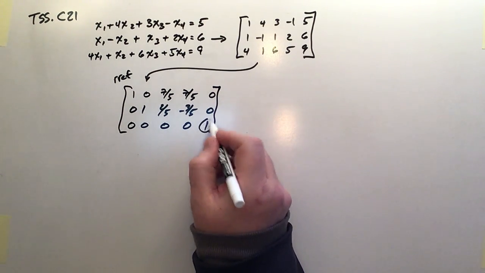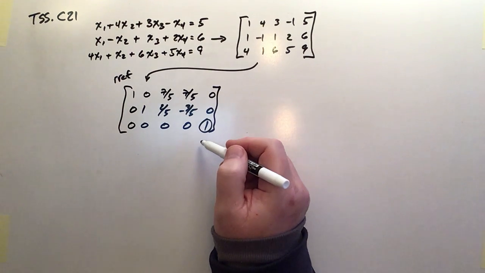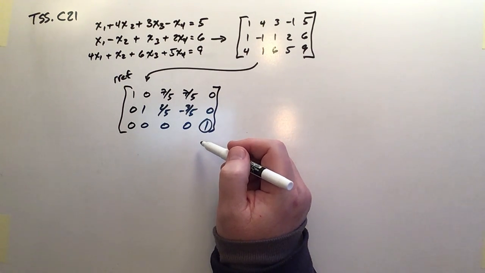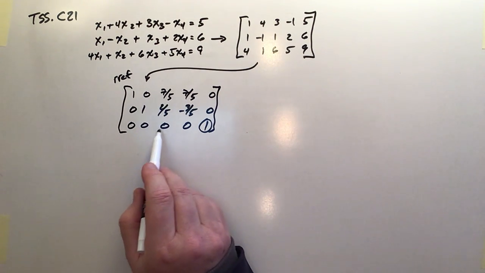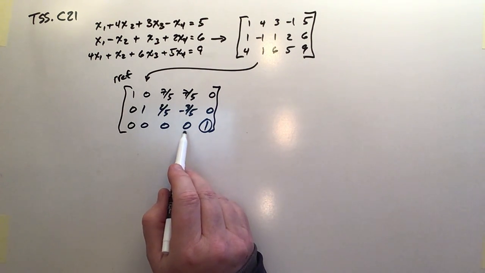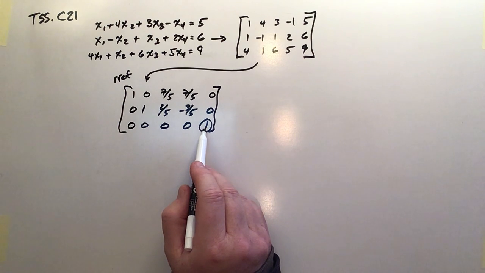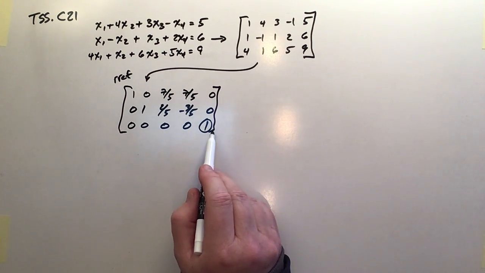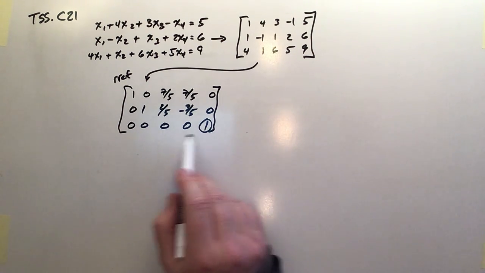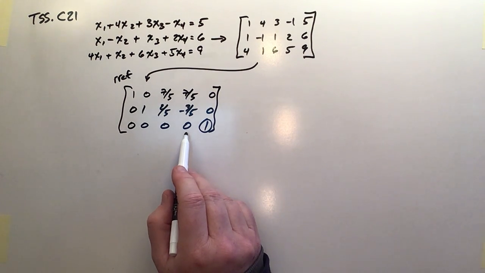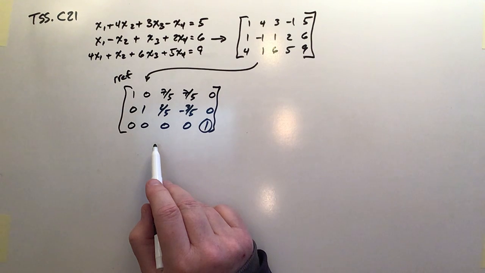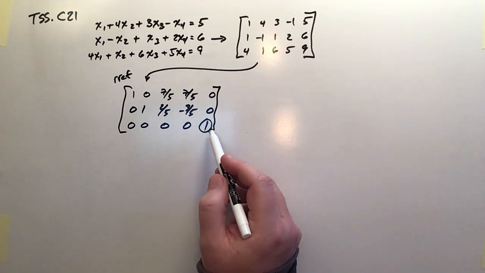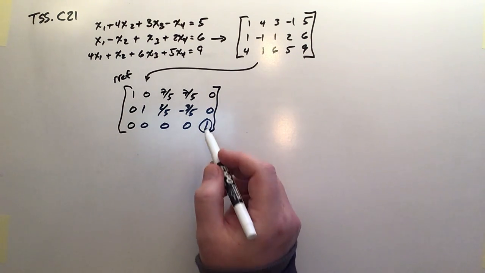We end up with a pivot in the final column, in the solution vector, and what that does is say that 0x1 plus 0x2 plus 0x3 plus 0x4 still equals 1. And of course this system then has no solution because it's not possible for any combination of these variables to add up to 1 when they have 0 coefficients. So that means the system has no solution.